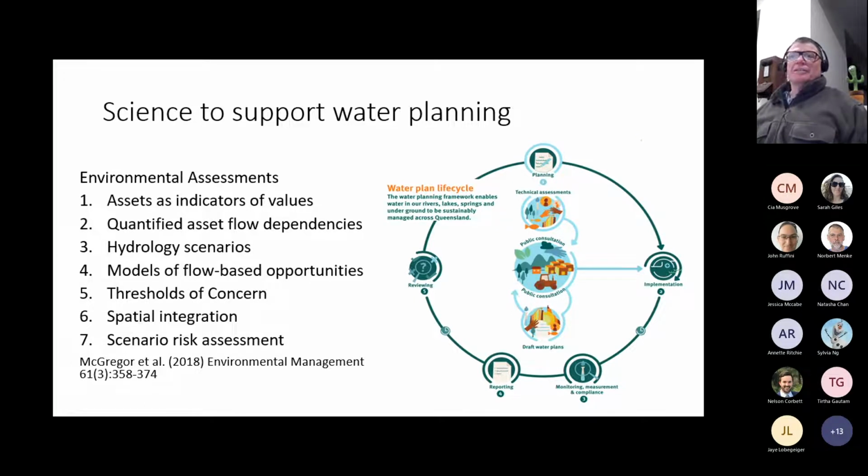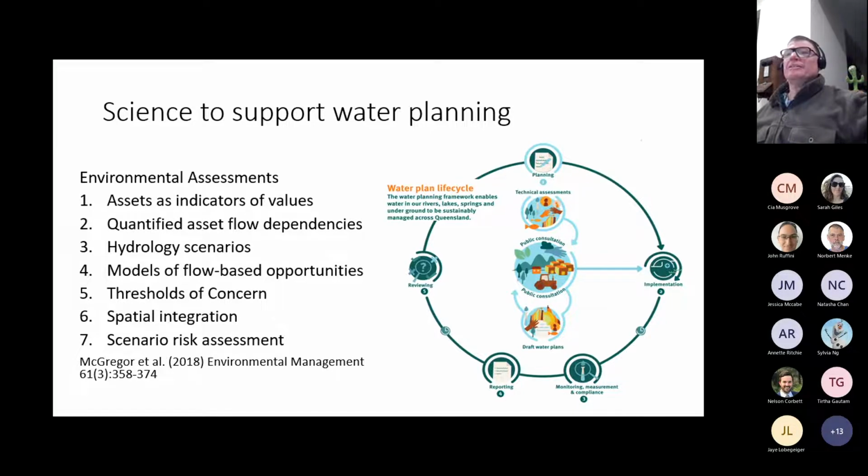So the rationale of how we do that is we identify assets which are indicators of the environmental values and which are dependent on aspects of the flow regime. We quantify those dependencies.